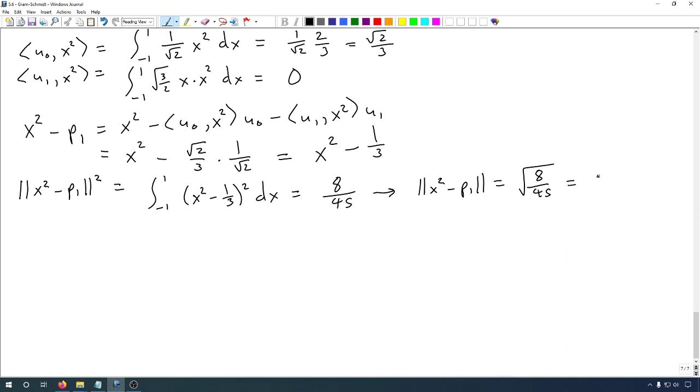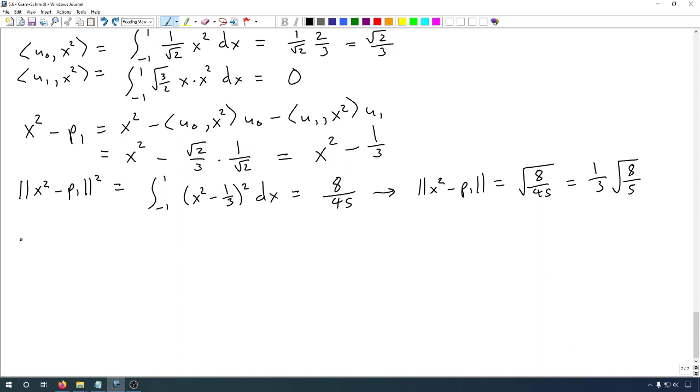I'm going to leave the 8 inside, but I am going to pull out a 9 from the 45. When I pull it out of the square root, it's going to change the 9 to a 3, and then I'll have a square root of 8 over 5. And the reason why I wanted to pull out that 1/3 is because when we divide by it, basically multiply by 3, it's going to change this 1/3 into a 1.